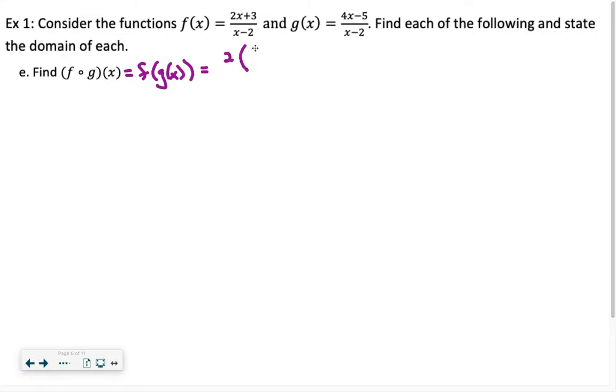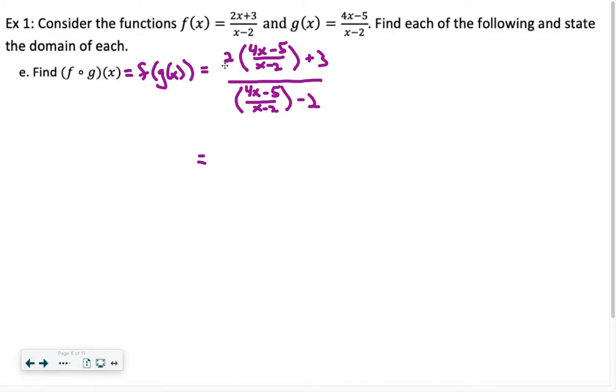I'm going to have 2 times 4x minus 5 over x minus 2 plus 3. Right? That's my numerator. I just replaced x with this whole thing all over. And again, I'm just replacing x. So 4x minus 5 over x minus 2 minus 2. So now let's simplify. Let's distribute this 2 through.